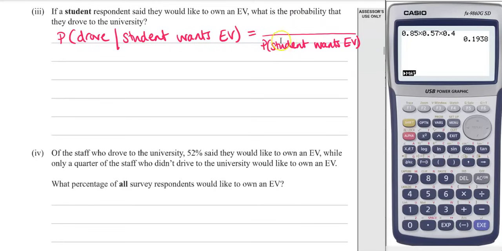Now that we've restricted our universe down to only looking at those ones, within that group, what's the chance that they fit this other condition? So we want the probability that the student drove and they want an EV.